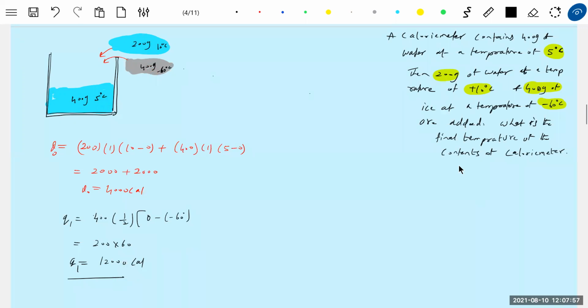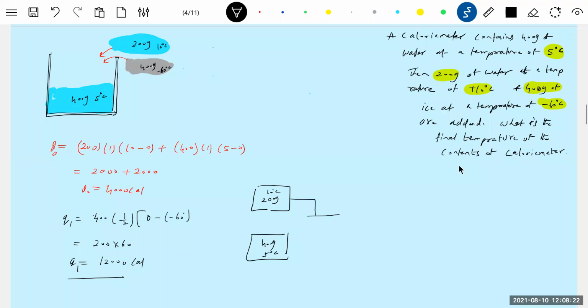Now we have to come back and solve this problem. Q naught is already there. So what we do is, we'll make it here: 200 gram at 10 degrees Celsius and 400 gram at 5 degrees. They will combine and become 600 gram at 0 degrees Celsius.